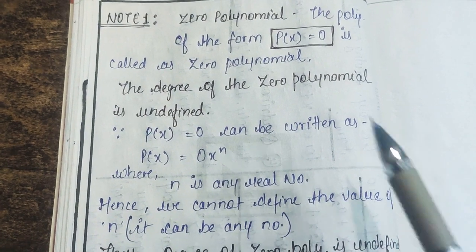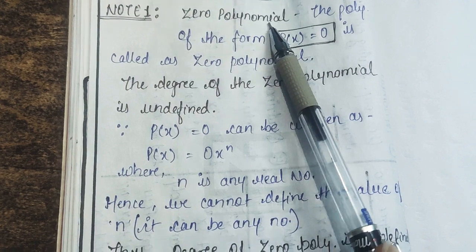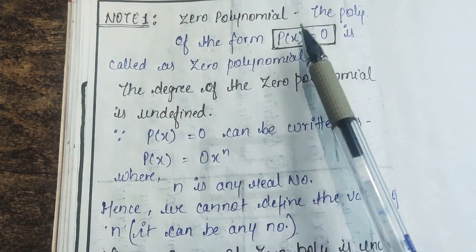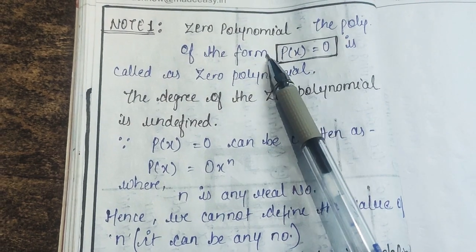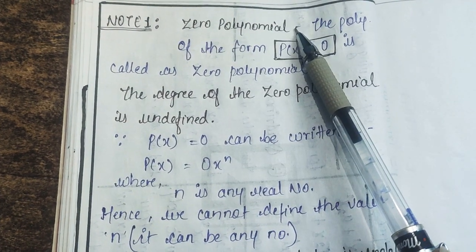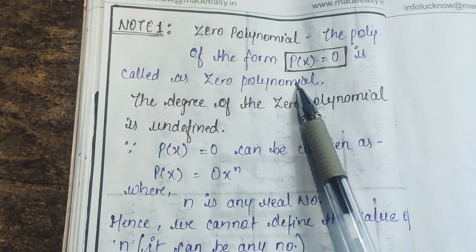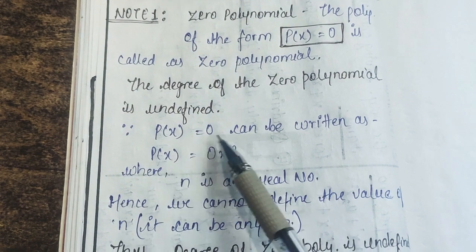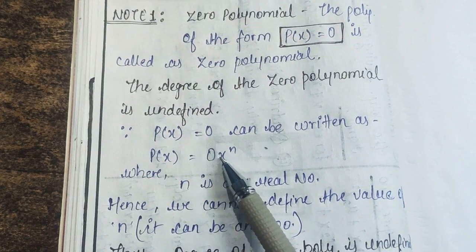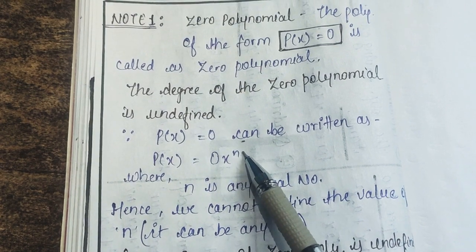Now what is zero polynomial? Zero polynomial, you must have heard about it. So whenever you have a polynomial that is p(x) equals 0, that type of polynomial is called a zero polynomial. And the most important thing about the zero polynomial is the degree of the zero polynomial is undefined, because you know 0 can be written as 0 into x to the power n, and n is a real number.